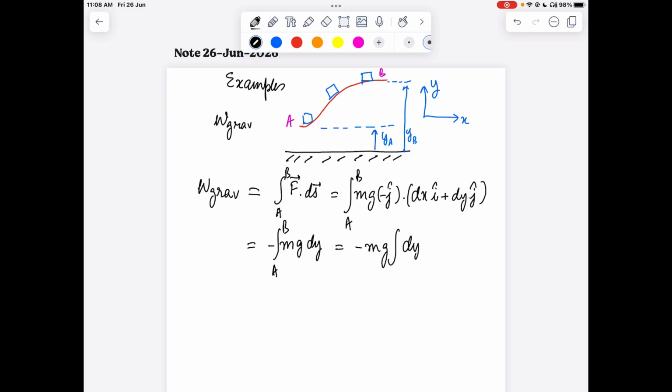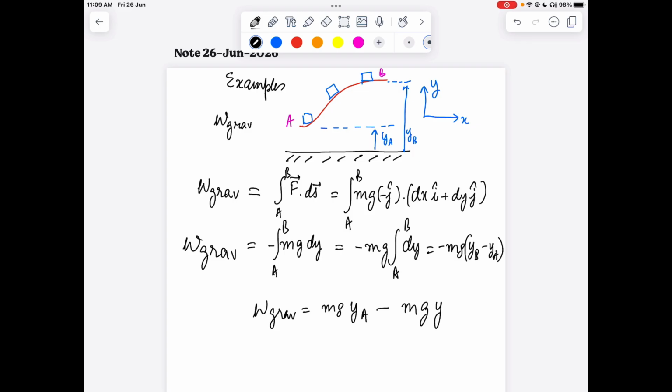We simply have dy from A to B, which then works out to minus mg (yB minus yA). Work done by gravity is mg yA minus mg yB.